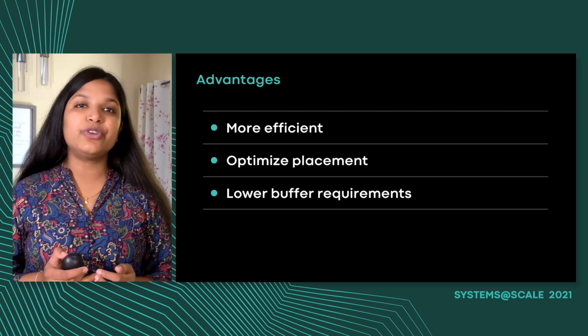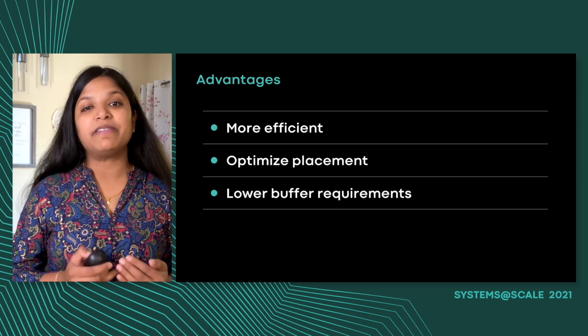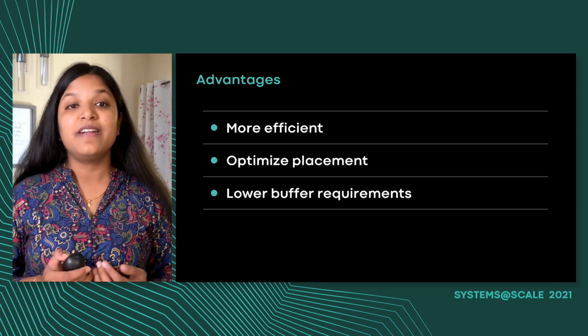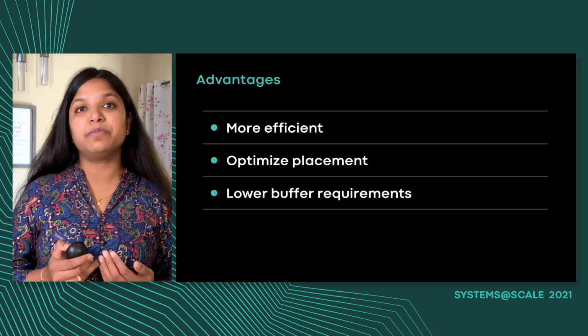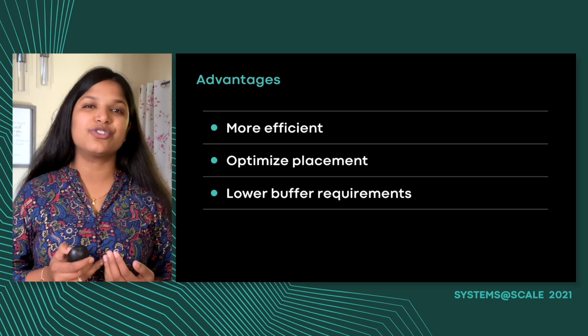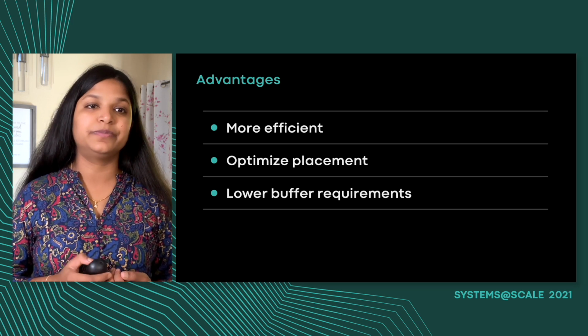But when we have uniform spread, an outage of any of our power devices cannot cause a significant capacity outage. This means we have not just improved efficiency and optimized placement, but our buffer requirements are also significantly lowered.